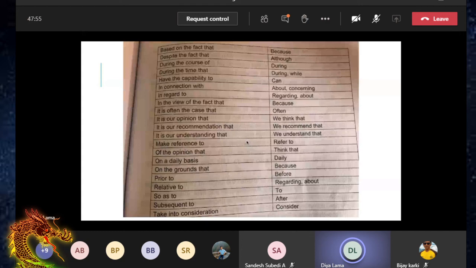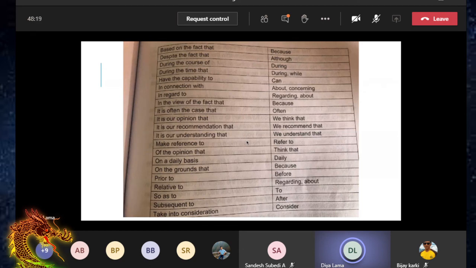Of the opinion that, instead think that. On a daily basis, instead daily. So, I brush my teeth on a daily basis, instead: I brush my teeth daily. Short, okay? On the grounds that, instead because.